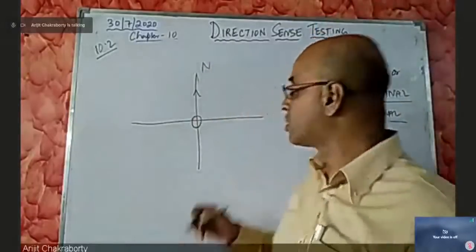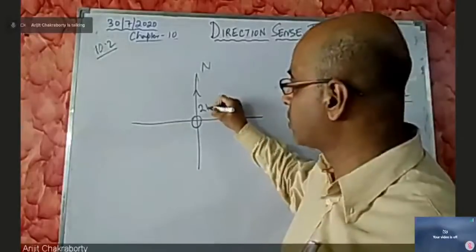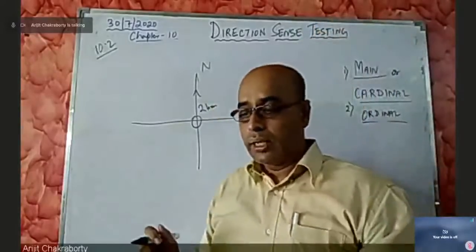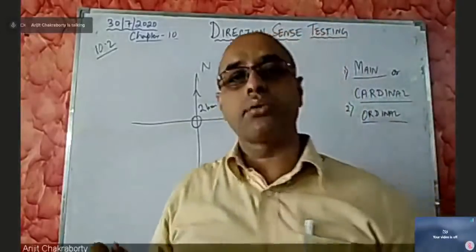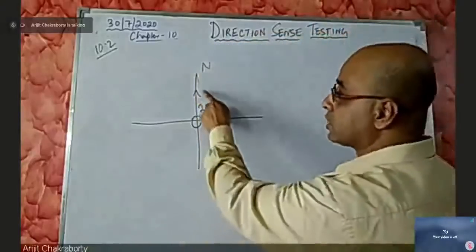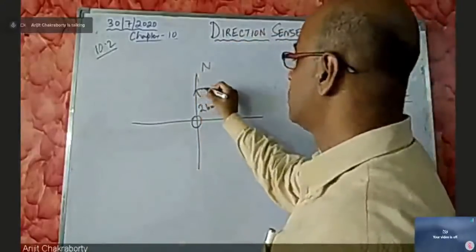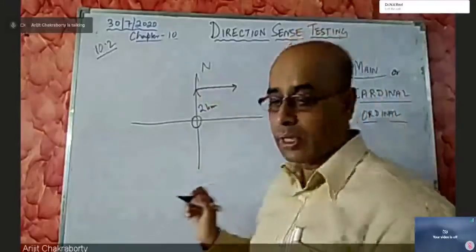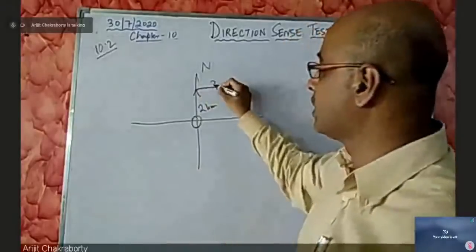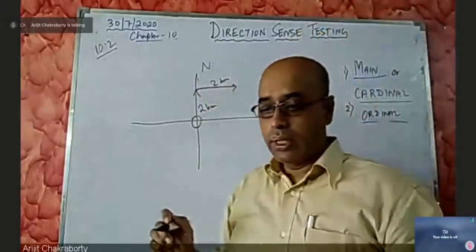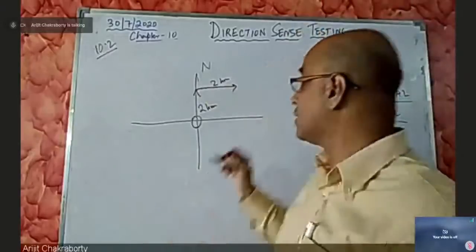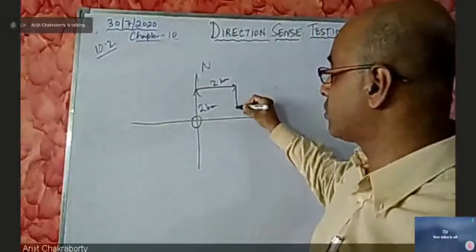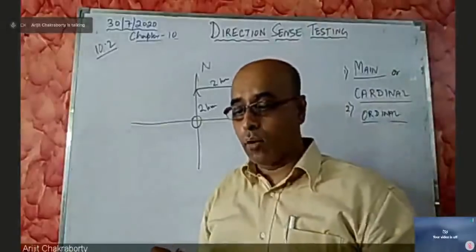2 kilometers towards north, turns towards the right. So he is turning towards his right. So he turns towards the right and walks 2 kilometers, again 2 kilometers. Then turns right again. So at this stage again right turn and walks.